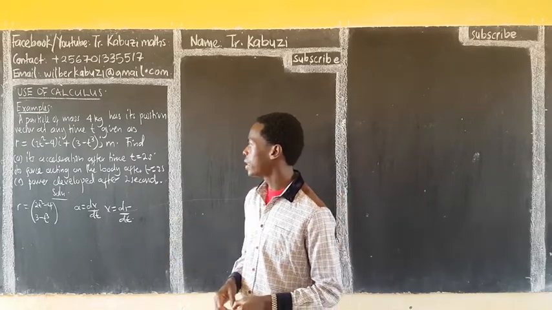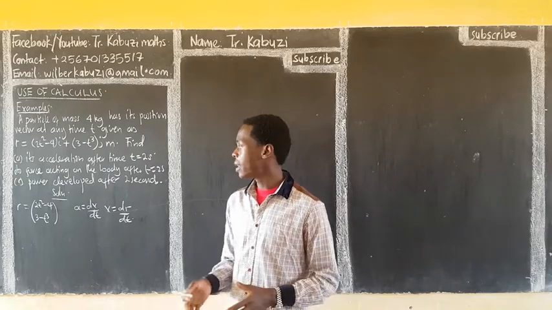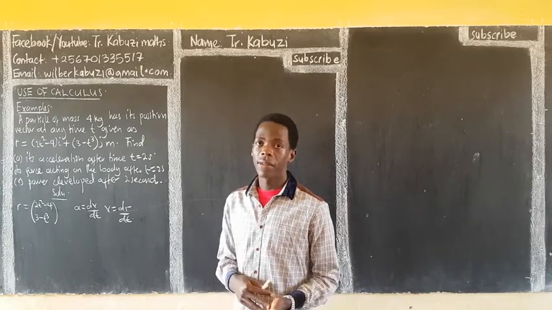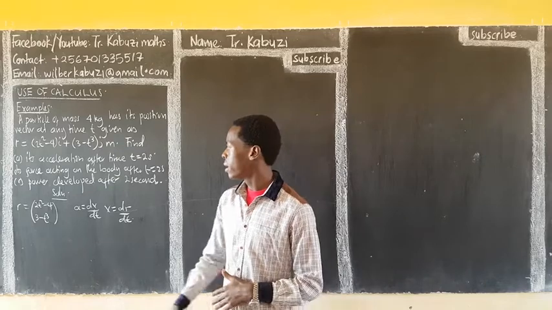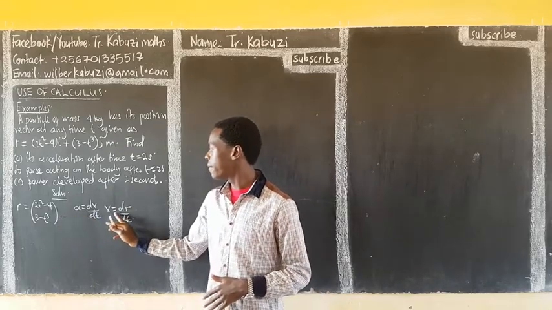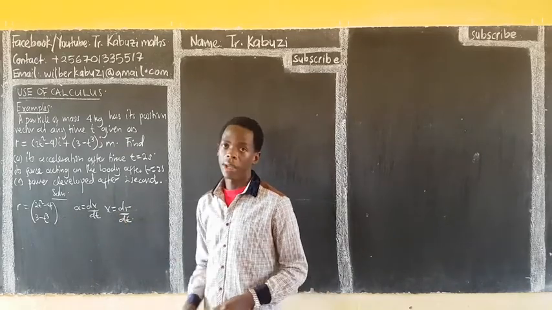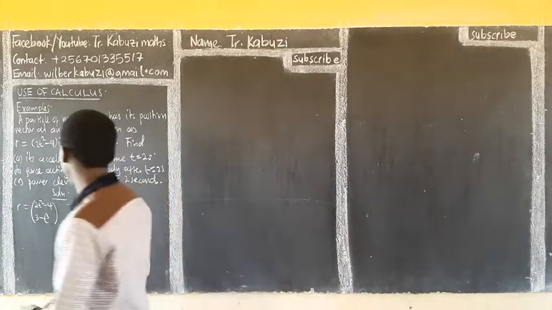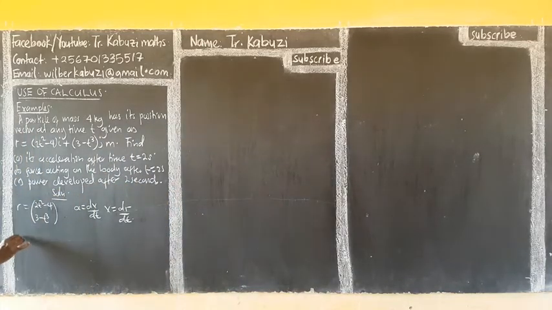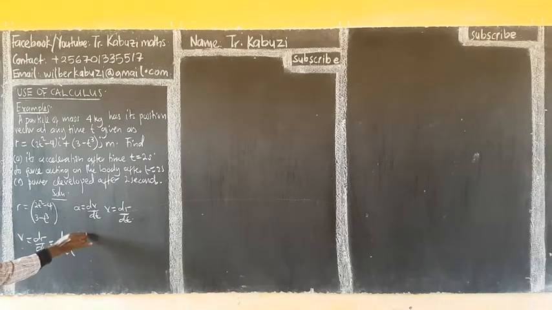So we know that to get acceleration we need the velocity, and to get velocity we need the displacement. We have the displacement, so we can first get velocity, and after getting velocity we can get our acceleration. So our v is equal to the derivative of the displacement, d/dt.